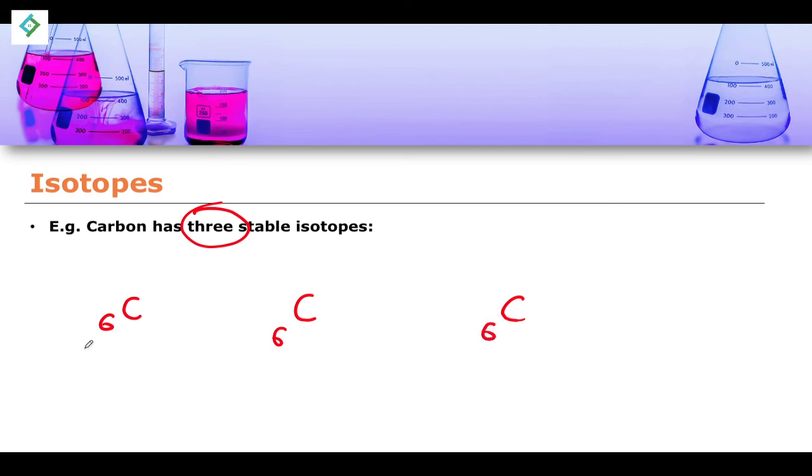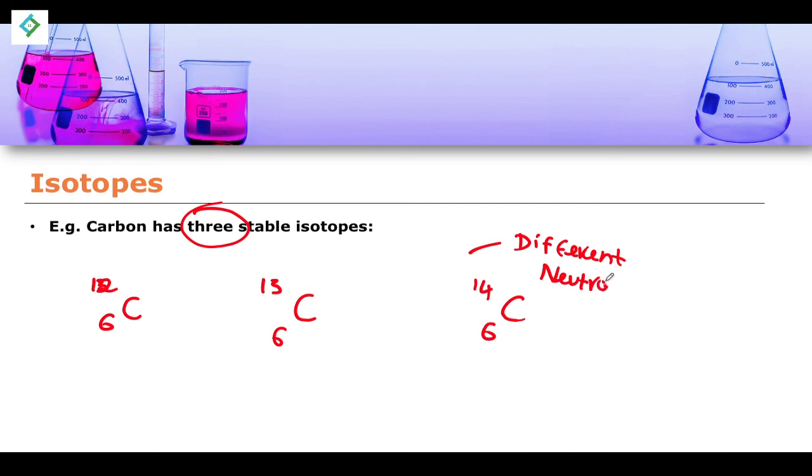They all have 6. But we then have 3 different masses: carbon 12, carbon 13, and carbon 14. So these are 3 different atoms that are the exact same element. They are all carbon, but they have 3 different masses because they have different neutrons.